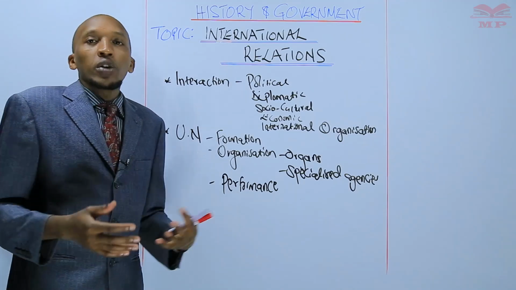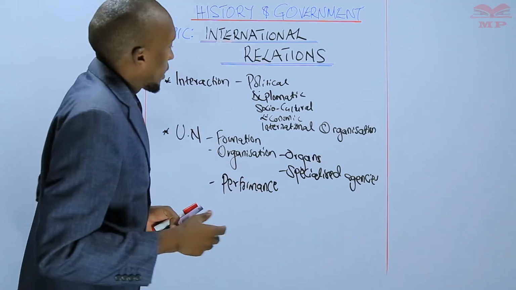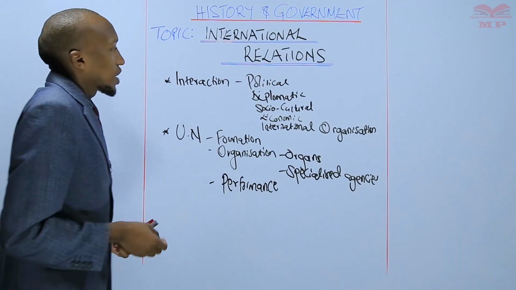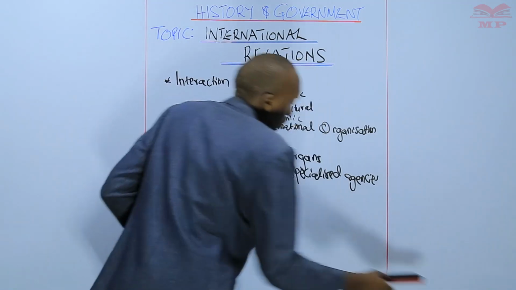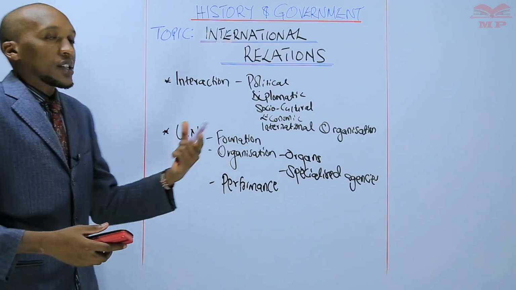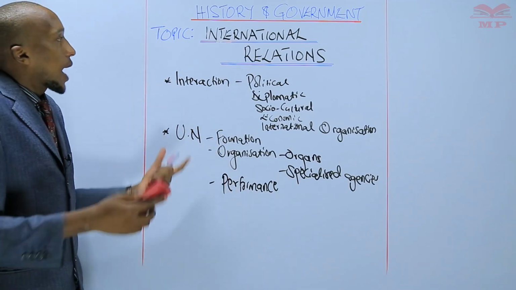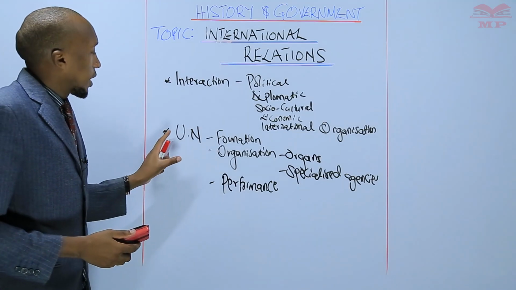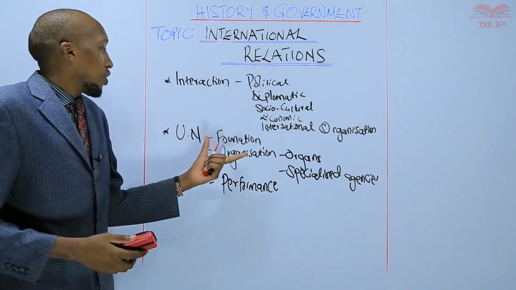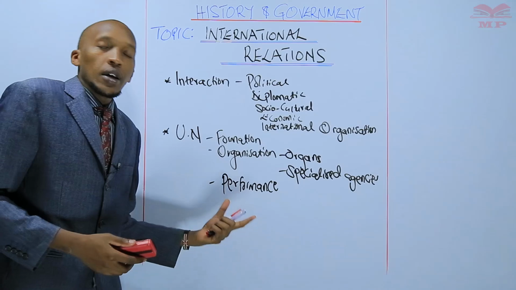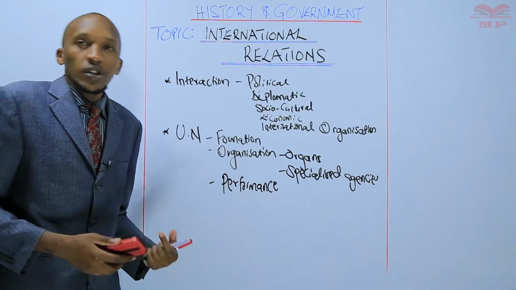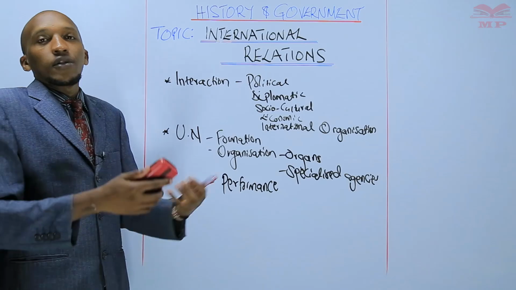Now, today we are going to take a step further and look at the other international organization apart from the UN. Remember, we said there are different international organizations that you are going to learn in this topic. We have already studied the United Nations, its formation, its organization, and its performance. How does one become a member? What are the duties? What are the different objectives?